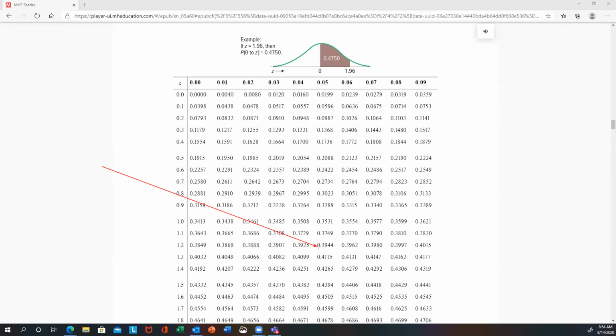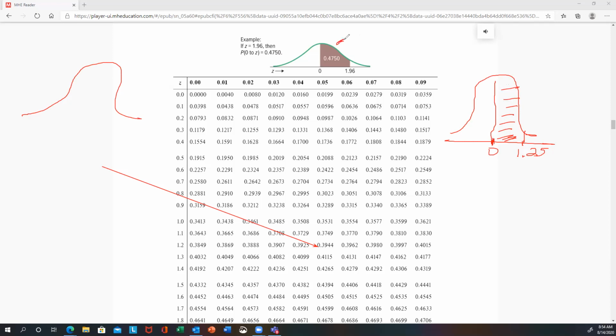So what that means, I'm trying to illustrate this right here. That's not a very good picture, sorry about that. If I am trying to find an area between 0 and a z-value of 1.25, the way this curve works is all the areas they give you are to the left of the z-value, all the way down to 0.